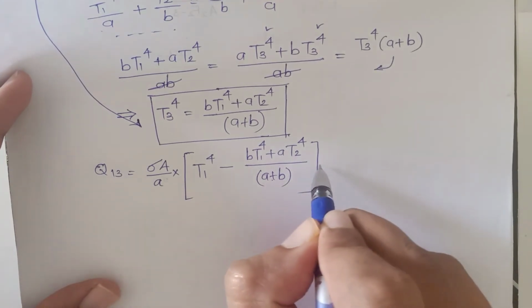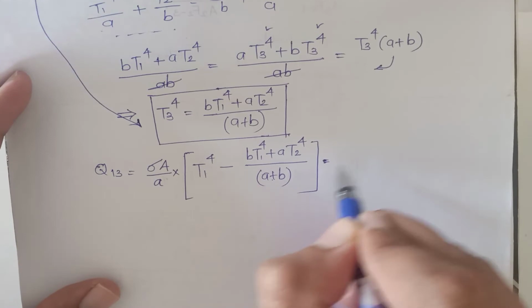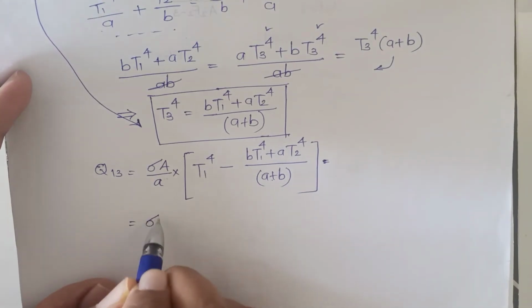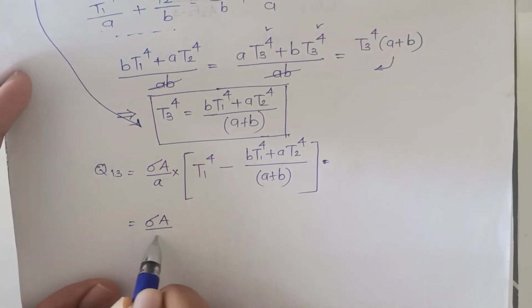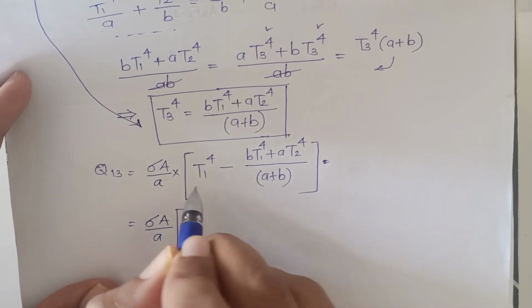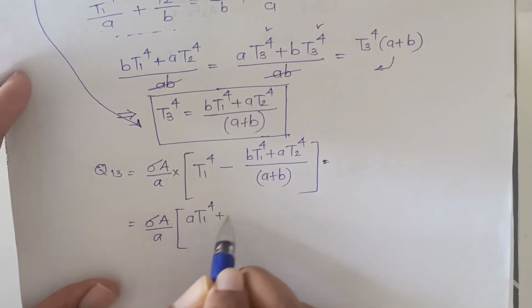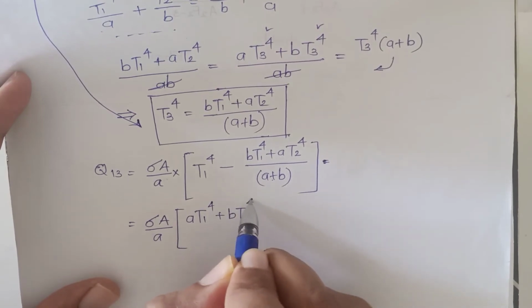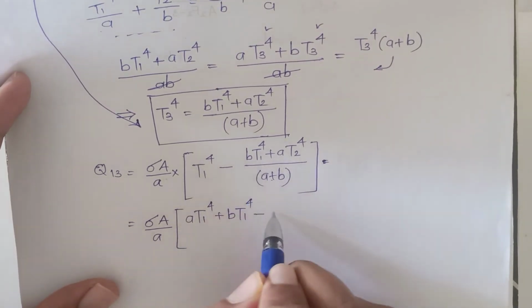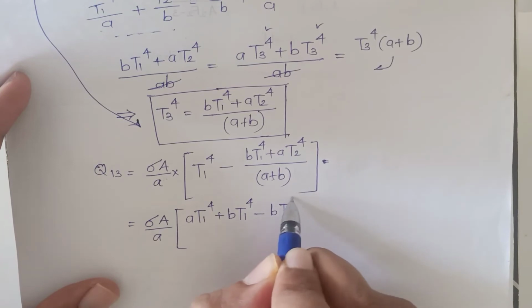So what do we get over here? We get sigma A upon small a in the bracket A T1 raised to 4 plus B T1 raised to 4 minus this B T1 raised to 4.